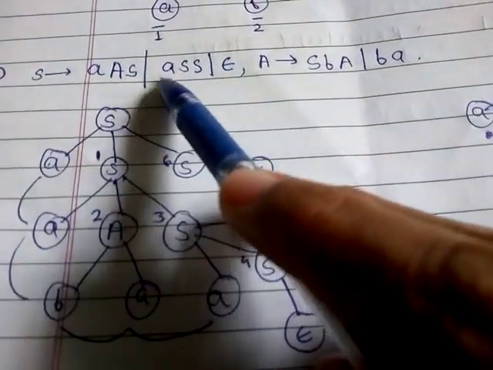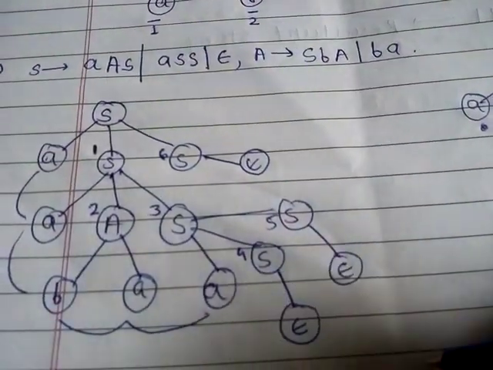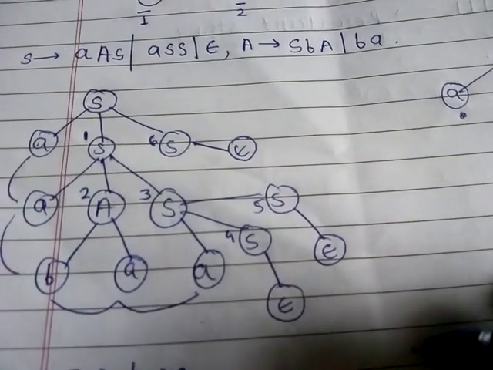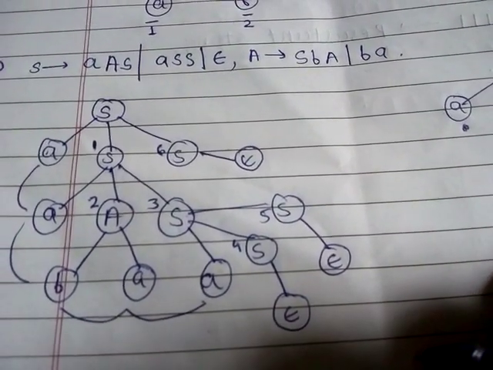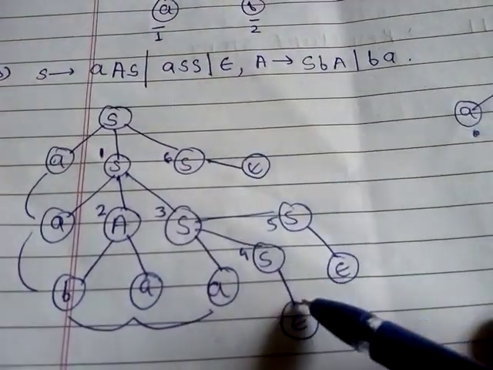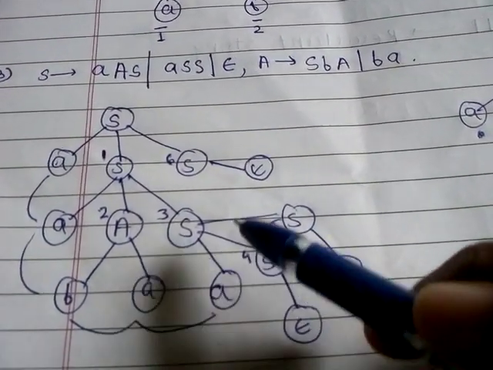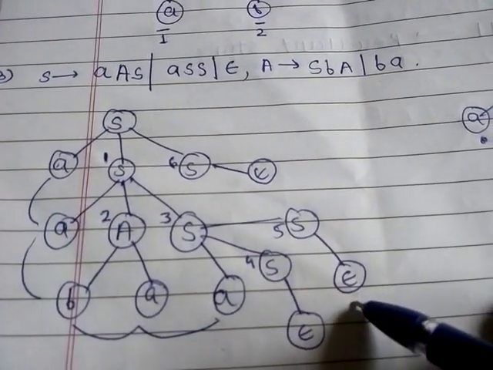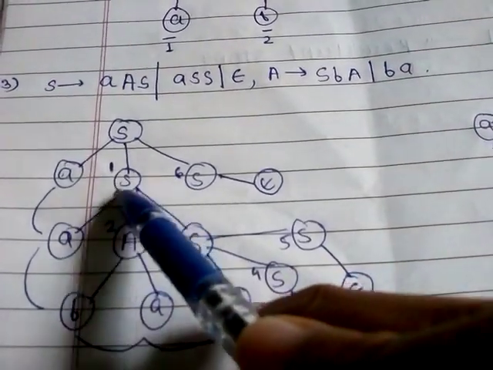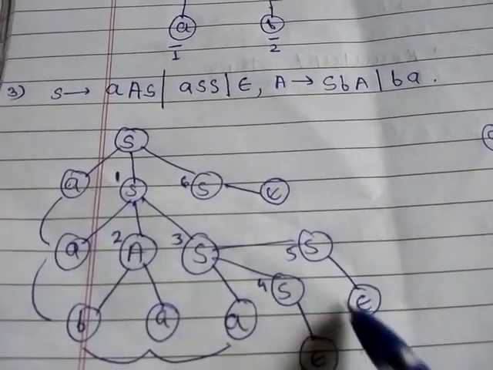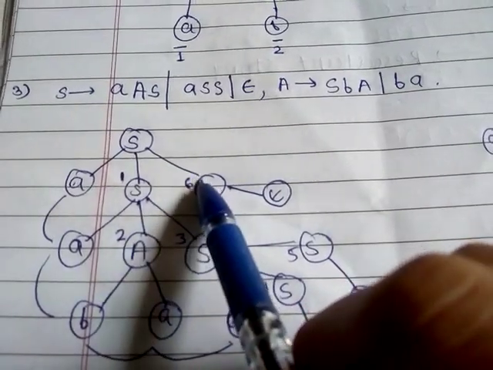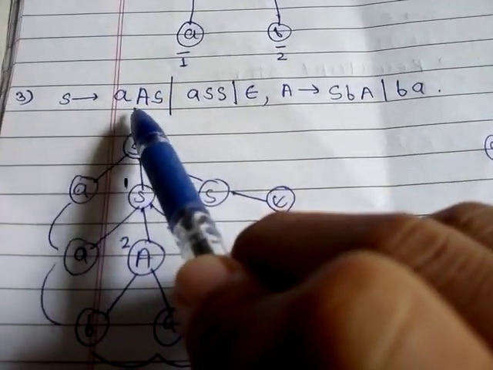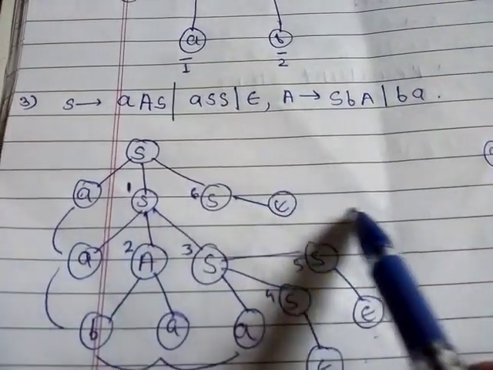If I applied these 2 elements, the length of the string would keep increasing, and I don't want a lengthy string. So I have applied epsilon here, that is 4, and for the next S, that is 5, epsilon here. So for this string, all the elements are executed. Next, the second S. For the second S, if I applied this and this, a lengthy string would be generated.